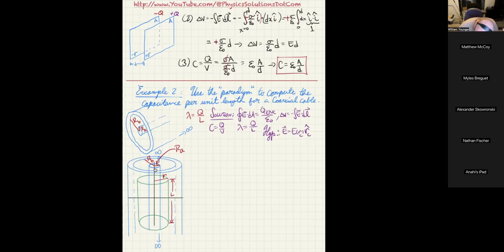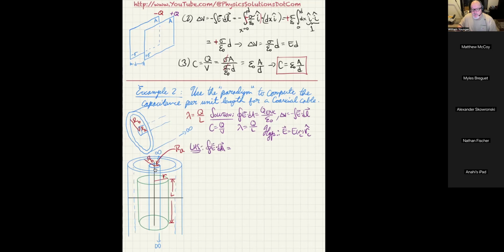So now I can do the left-hand side. The left-hand side of Gauss's law is going to be the closed integral E dot dA. But the important thing to remember in this case is it's got to be over a closed surface. So I'm going to have, again, 3 integrals. It's going to be an integral over the top. Notice we're using the same shape I did on the infinite plane.